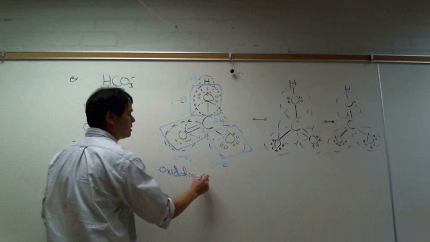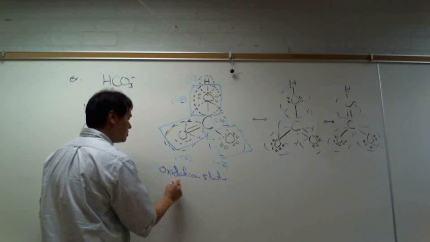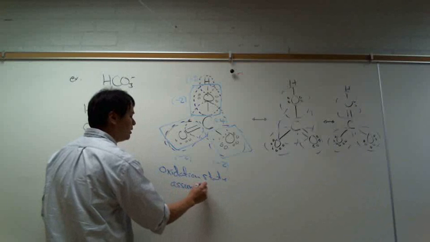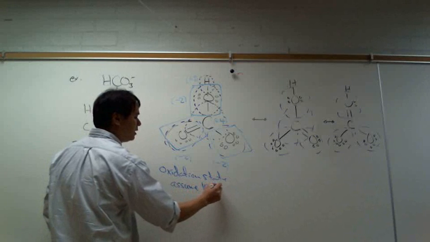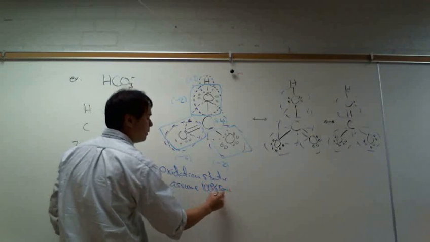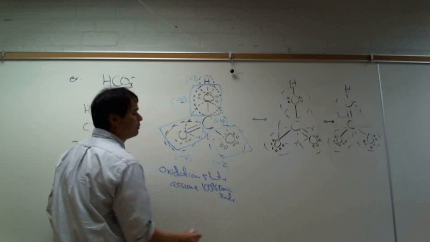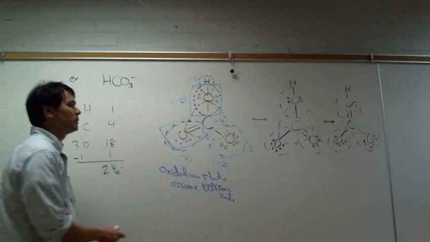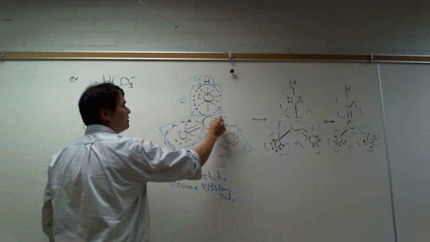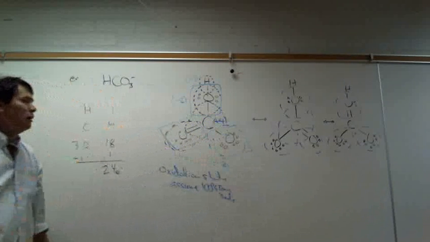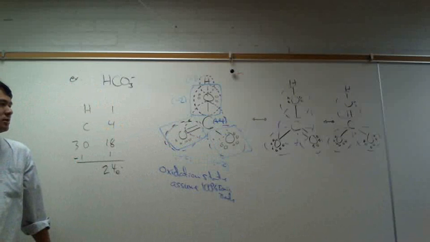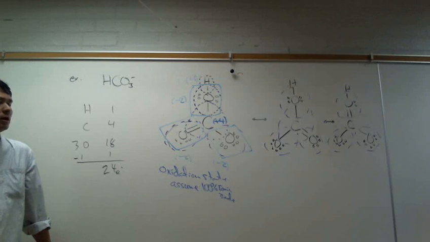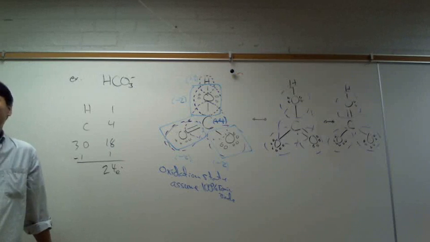So we assume 100% ionic bonds. Is that accurate? No, it's not accurate, but it serves our purpose, because the only purpose we have is coming up with some kind of scale or measuring system where we can compare apples with apples and oranges with oranges. If we normalize it so everything's ionic, then we can make a comparison.